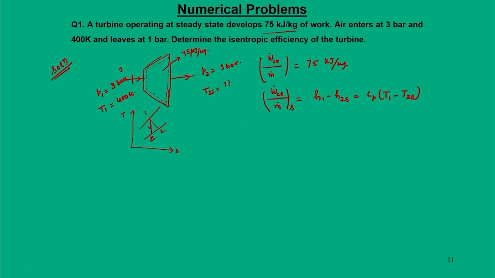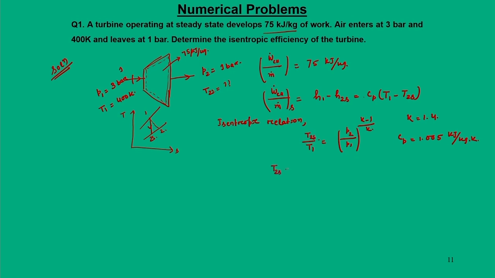To find that we can recall the isentropic relation, that T2S by T1 is equal to (P2 by P1) to the power (k minus 1) by k. k is your specific heat ratio, that is 1.4, and Cp is 1.005 kilojoule per kg Kelvin. So, we know all the parameters.